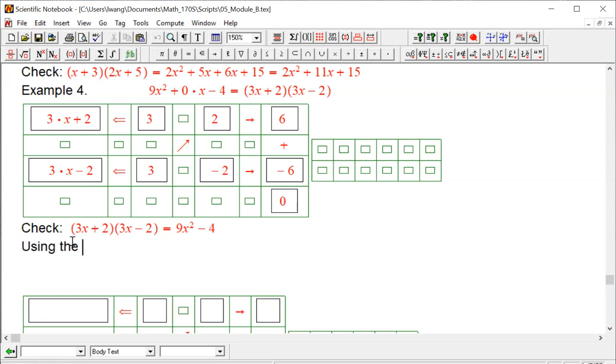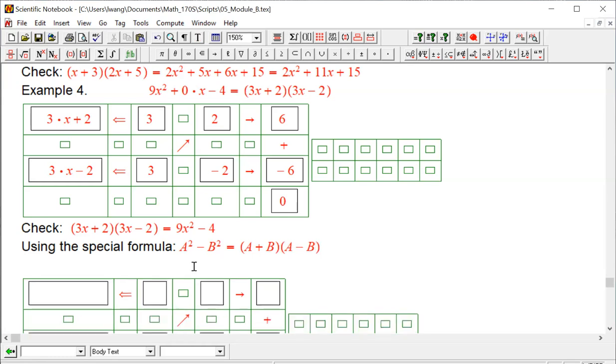Using the special formula is okay as well, because we recognize this is a squared minus b squared, which equals a plus b times a minus b, right? So that's example number 4.